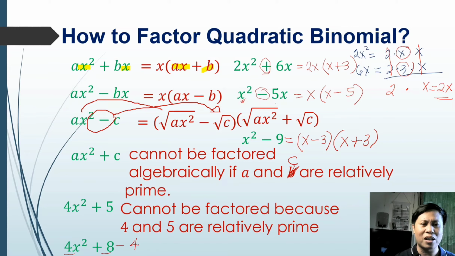So, you can just factor that as 4 times x squared plus 2. And you can no longer factor x squared plus 2, kasi, tulad nga nung nasabi ko, yung dalawa ay wala nang common monomial factor. So, that is how to factor quadratic binomials.